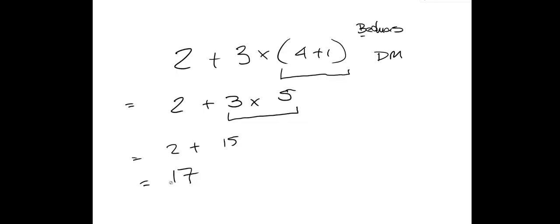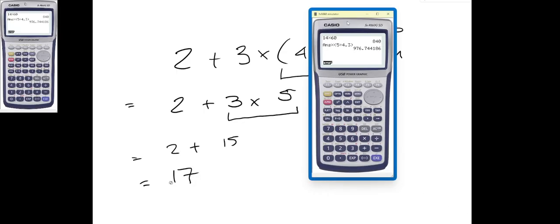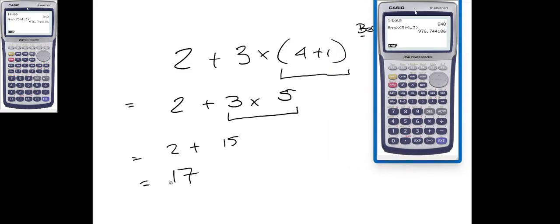And just to make sure, let's do it on our calculator. The calculator knows BEDMAS pretty well. 2 plus 3 times brackets 4 plus 1 close brackets, 17.